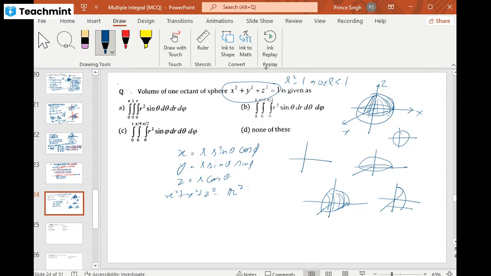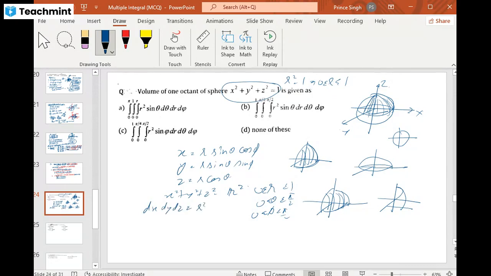So firstly I construct theta varying from 0 to pi by 2, and then we also rotate the phi angle up to pi by 2. So automatically it will construct the octant. So the limit of r varies from 0 to 1, theta varies from 0 to pi by 2, phi varies from 0 to pi by 2, and what will be dx dy dz?